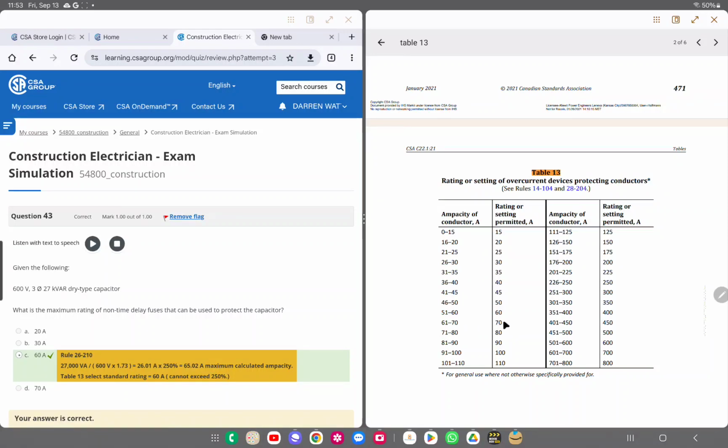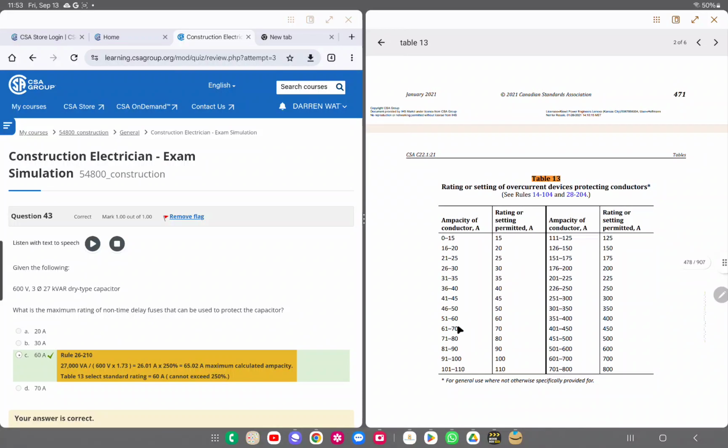So these are the conditions. One is that it's a range, and two, if it's a motor, hermetic, or a capacitor, you have to size down. Mandatory. In this case, we got our 65. It fits in the range of 61 to 70. We cannot use 70 because it is a capacitor, so we have to size down to 60.